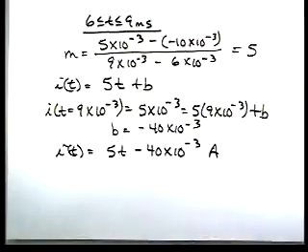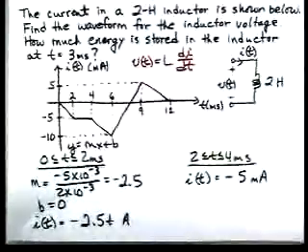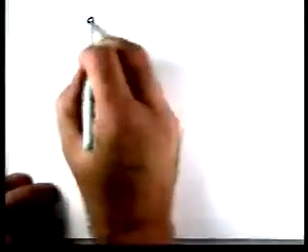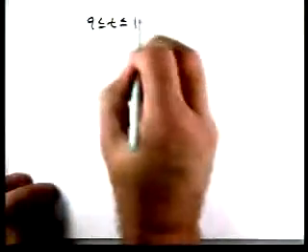We look at our waveform then from 9 to 12, and we go from 5 down to 0. So from 9 to 12 milliseconds, again, we're going to have a straight line.